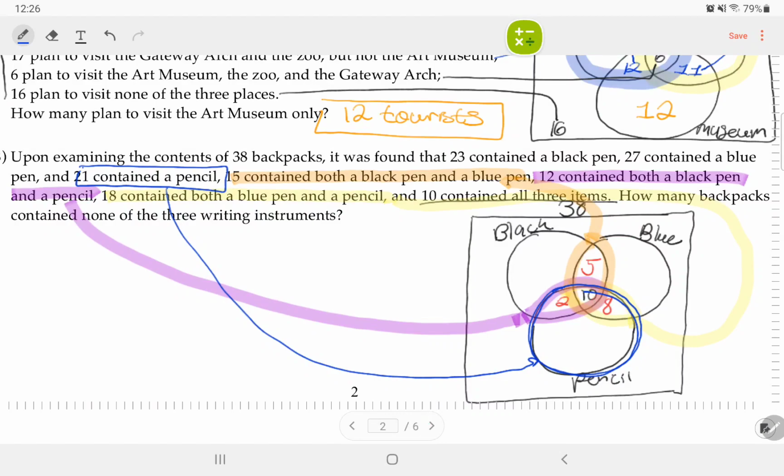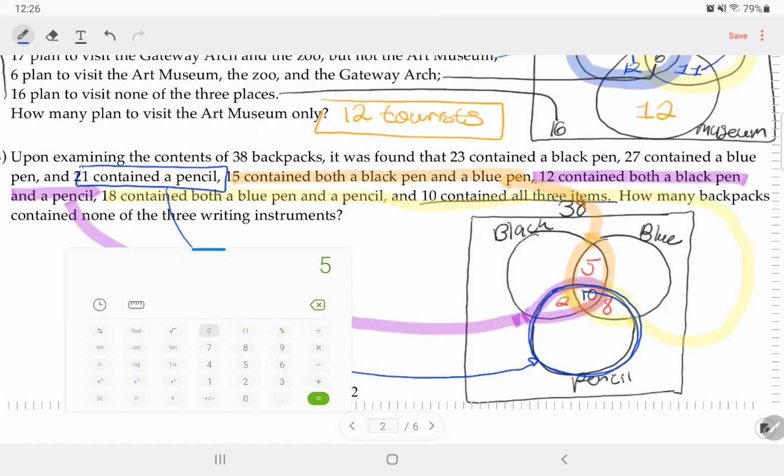So what I'm going to do is add 2 with 10 with 8. That's going to give me 20. And then I'm going to subtract that 20 from 21, which we know is going to be 1. 21 minus 20 equals 1. One backpack had a pencil only, more than I ever had.